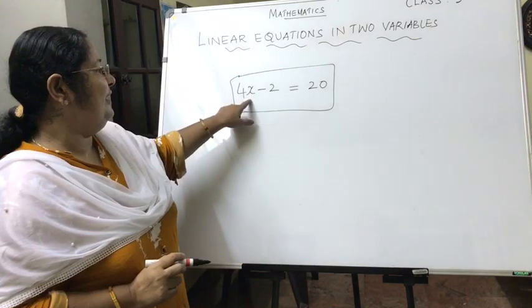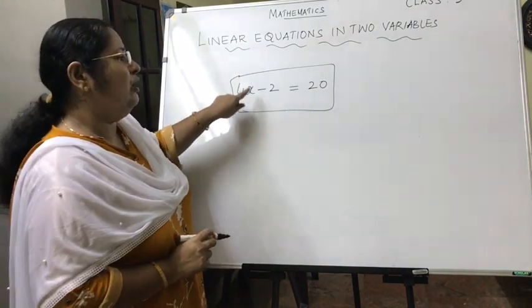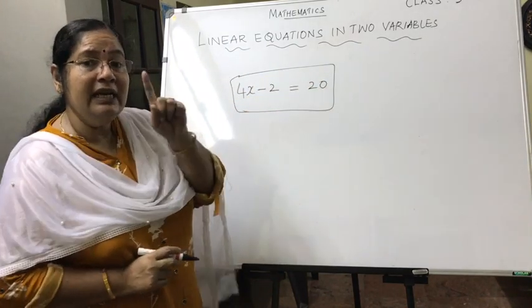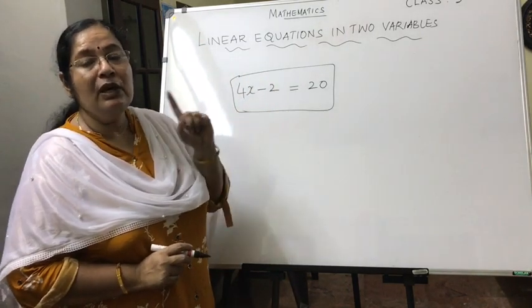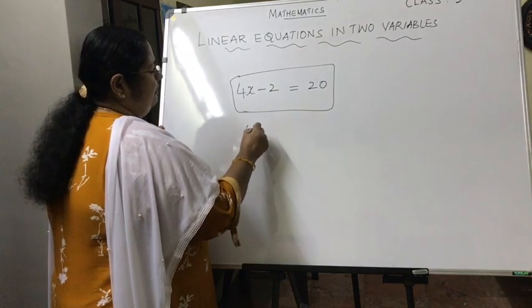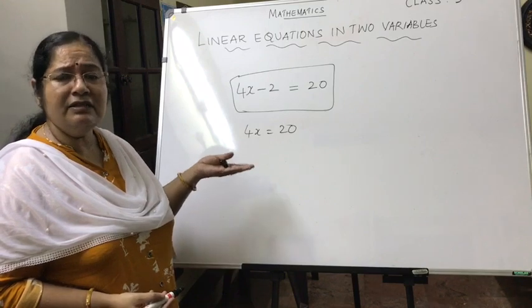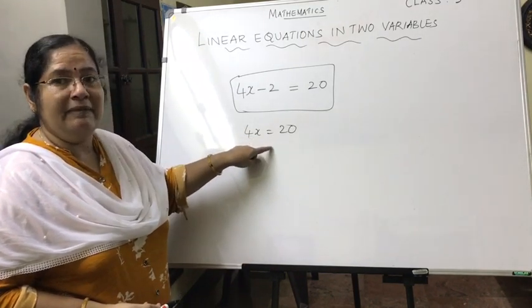Now since here we are having only one variable, we can call this a linear equation in one variable. So this is a linear equation in one variable. One more example we can give. See, even this is a linear equation in one variable. 4x equals 20. This is also a linear equation in one variable, where we are equating something.